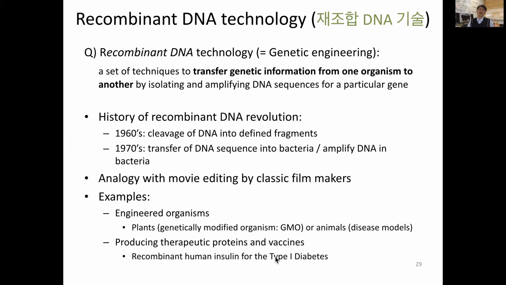In the past, they sometimes used pig-derived insulin, which can cause immune reactions and problems. Now, by this recombinant DNA technology, we can produce human insulin in bacteria.